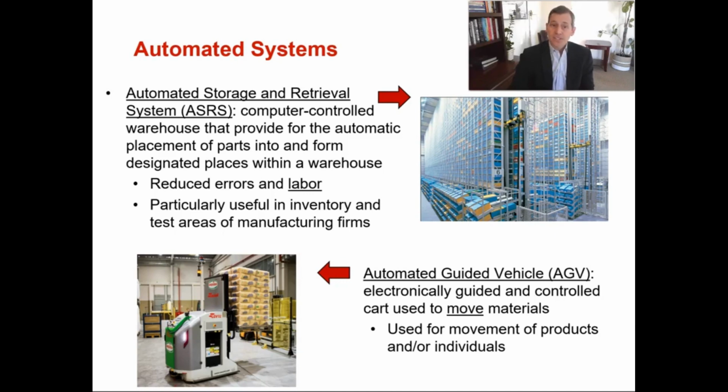And what you don't see is individuals, people walking down these aisles getting those boxes. It's all done by computer-controlled automatic machines that are taking them off of the shelves and bringing them to the shipping location where they can then be shipped to the final customer.